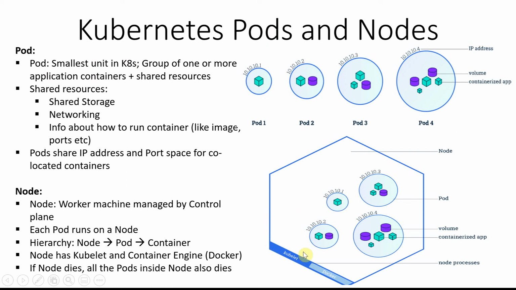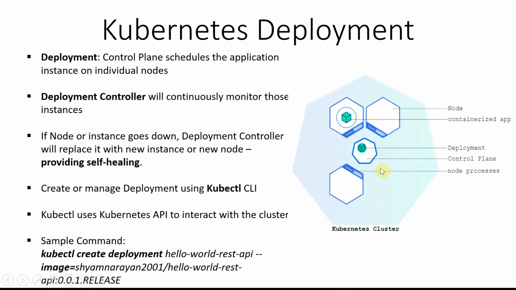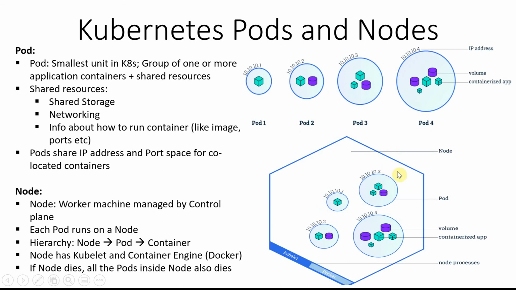And in a node, the node that we saw here is where this pod resides. All these pods will be inside a particular node, and a node can have more than one pod.